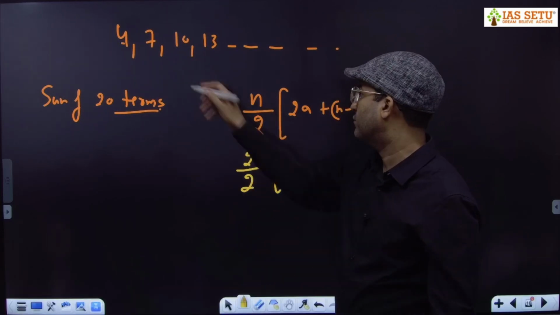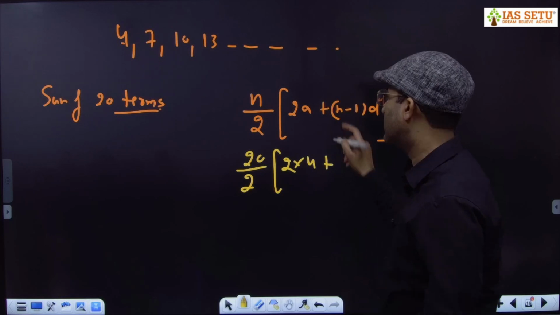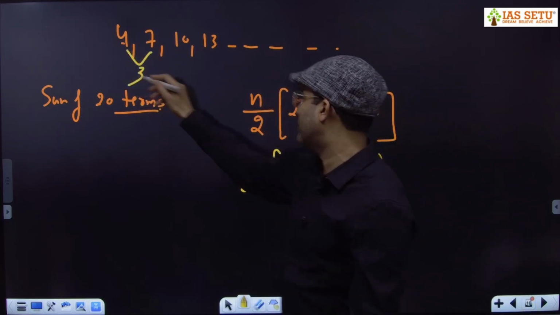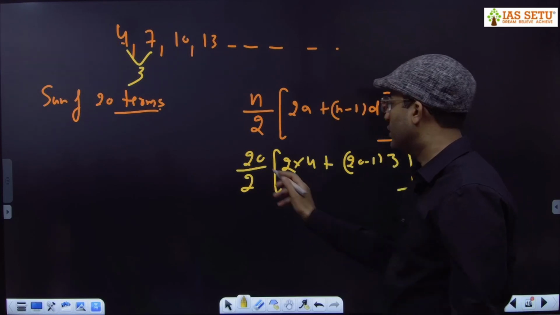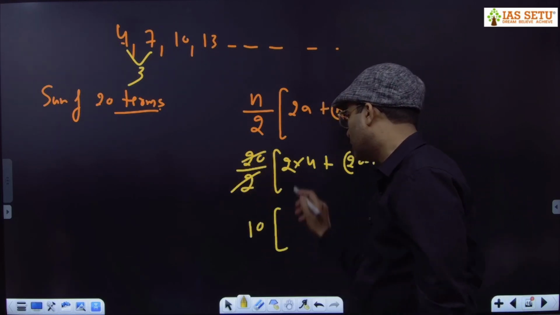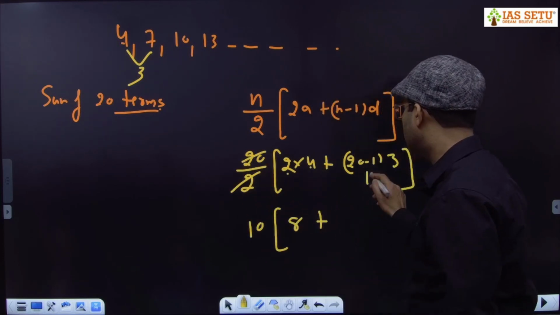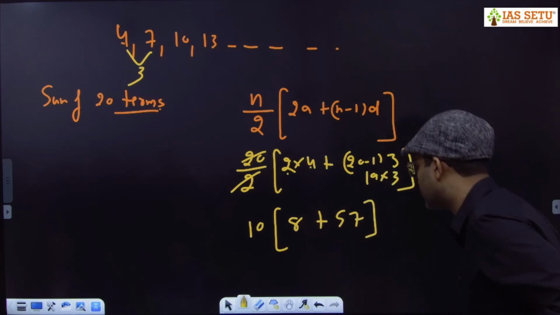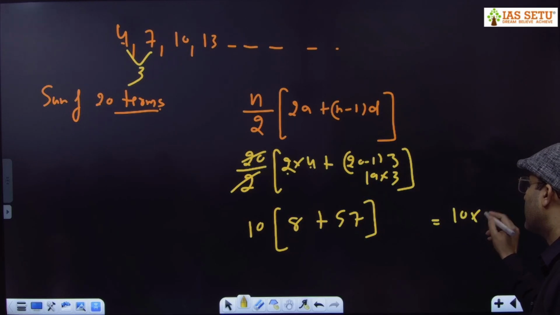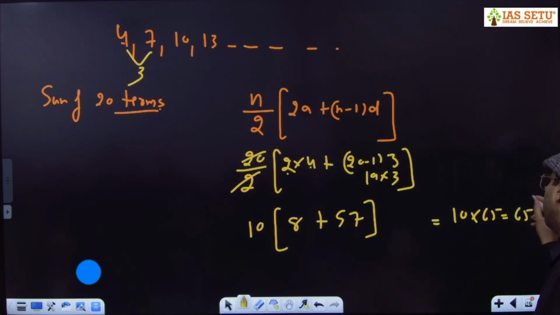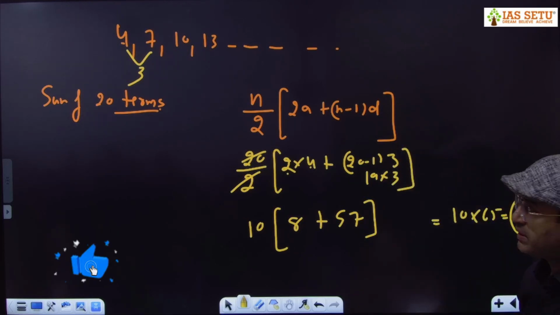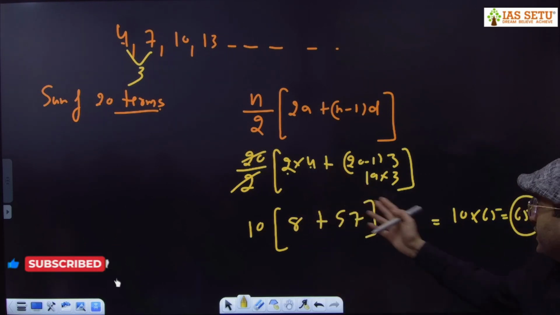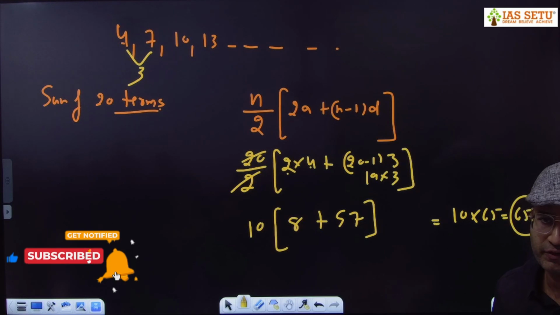First term is 4, number of terms is 20, common difference is 3. It will be 10 times (2 into 4 is 8, plus 19 into 3 is 57). 57 plus 8 is 65. So 10 into 65 is 650. If the examiner asks for the sum of the first 20 terms in this AP, you will say 650.